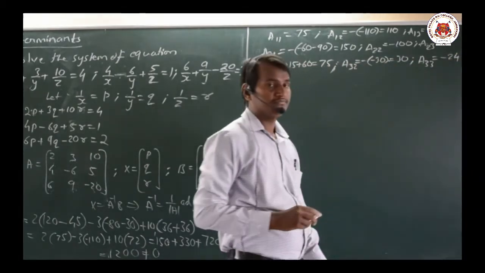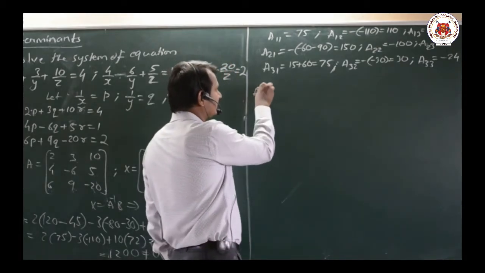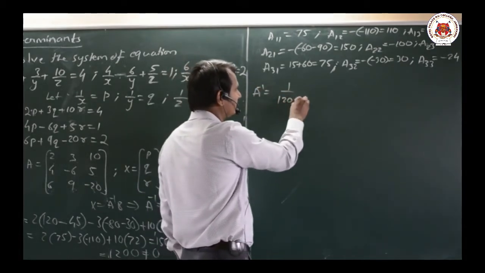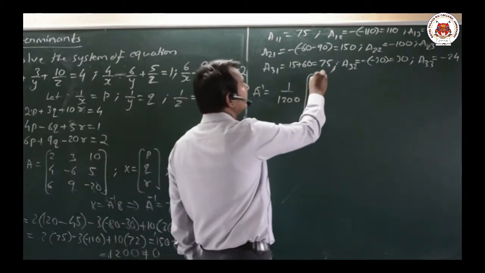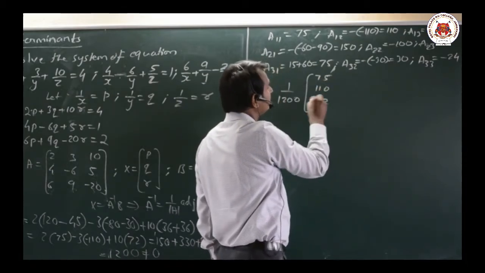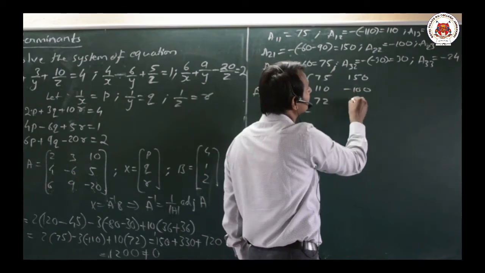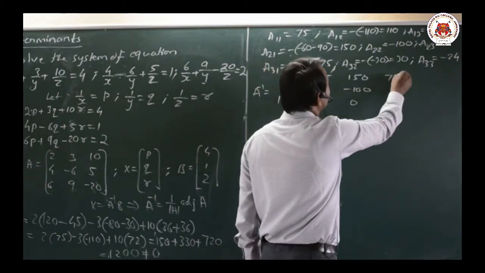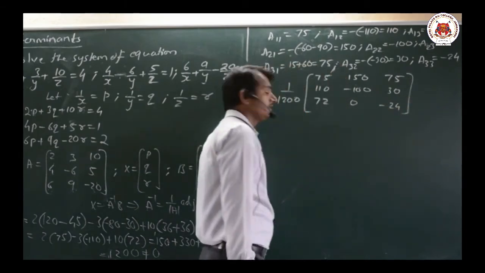Okay, now these are all nothing but cofactors. Now A inverse directly I will write, that is 1 divided by 1200. That is nothing but our determinant here. Next one is 75. Okay, next one is 110, 72. Next here is 150 minus 100 and then 0. Next value will be 75, 30 and minus 24. It is nothing but our A inverse.